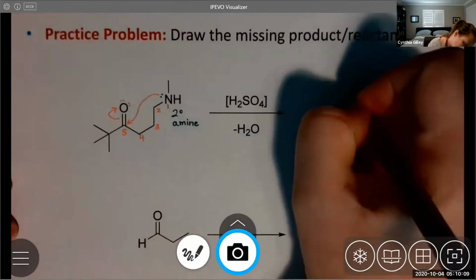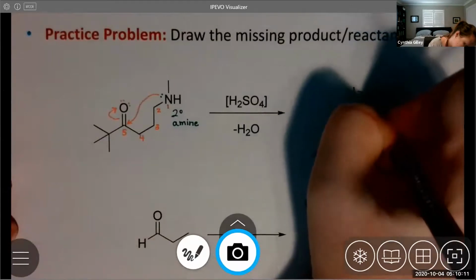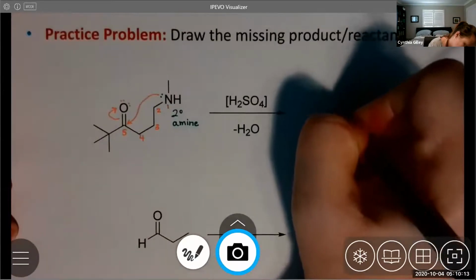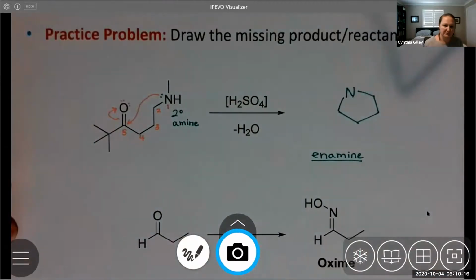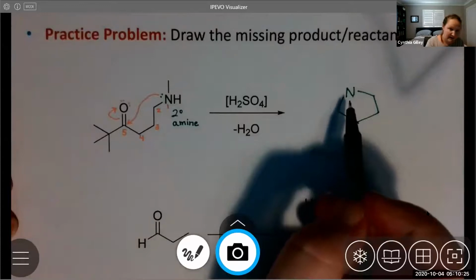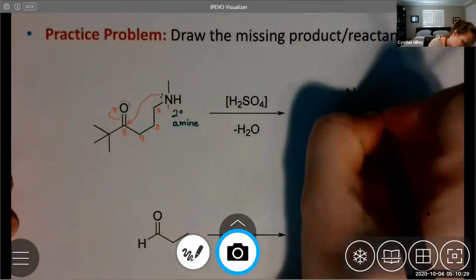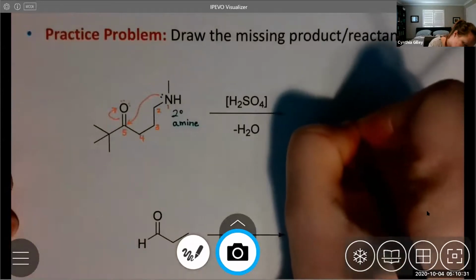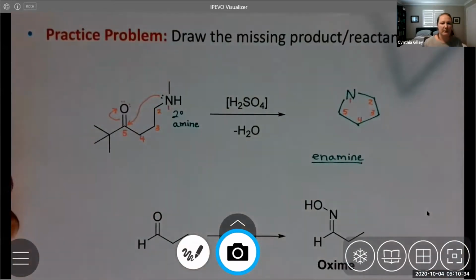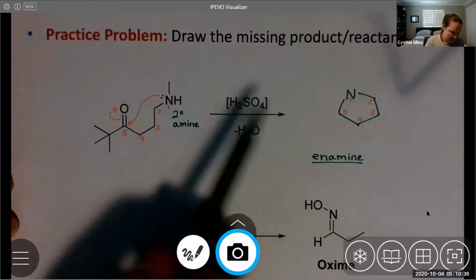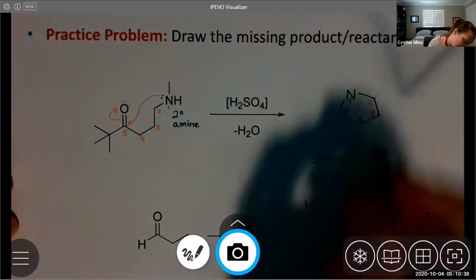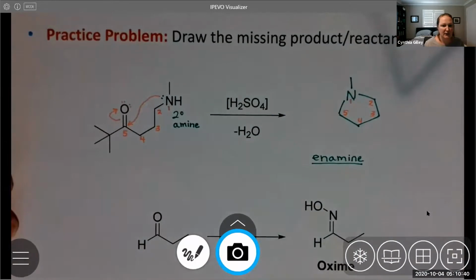So I can start there, just sketch a nitrogen-containing 5-membered ring. Okay, and we are essentially initially forming a double bond, right? So you can count 1, 2, 3, 4, 5. Attached to the nitrogen is a methyl group, right? So I can go ahead and add a line there for the methyl group.